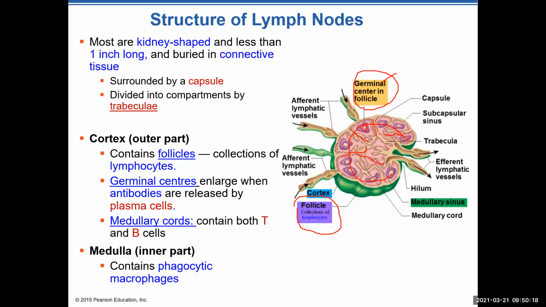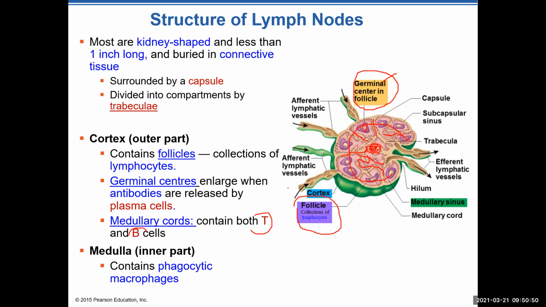In the medullary cord area, we also have T cells and B cells. These purple colored things you see here, the cords, are also rich in T cells and B cells, and the medullary area is very rich in phagocytic cells. The most important thing to remember is they contain all the macrophages, phagocytes, and lymphocytes, T cells and B cells, and their function is to filter the lymph.